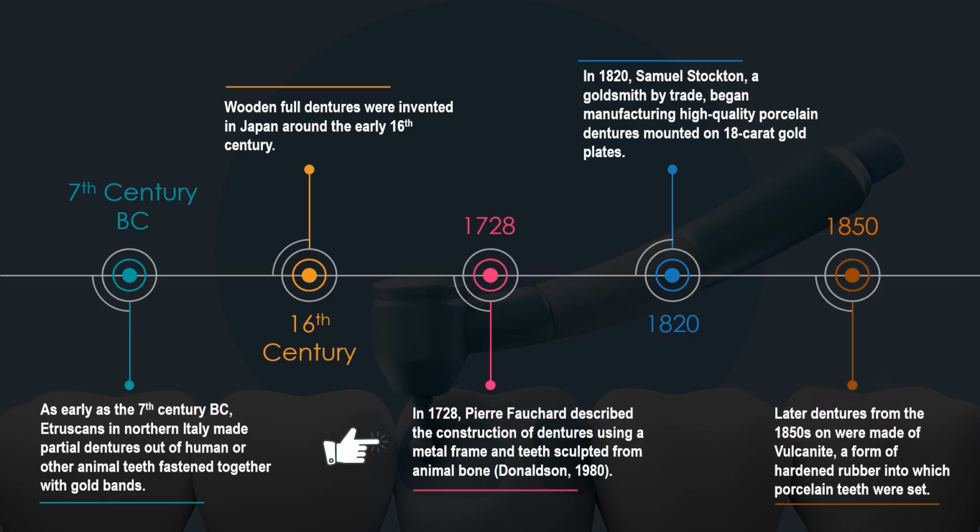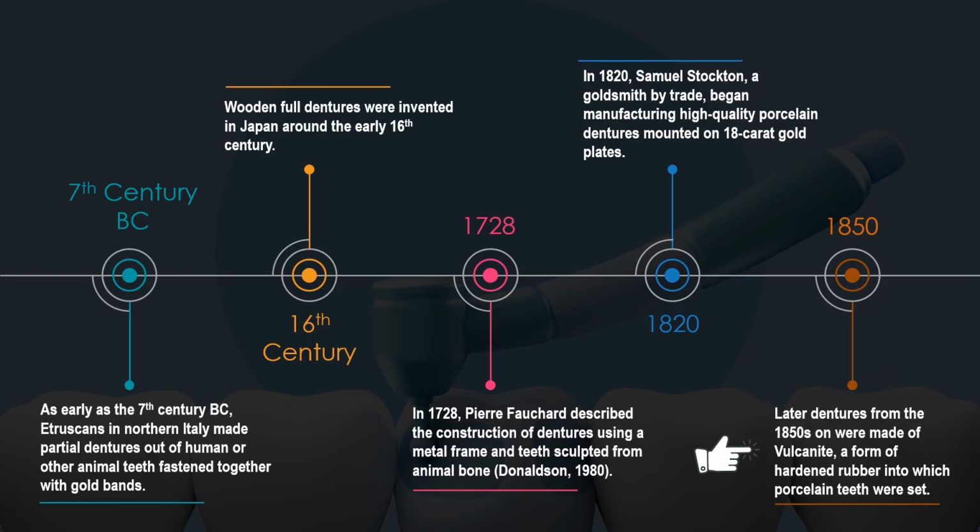In different places in the world, people have used animal bones for the fabrication of teeth. Similarly, there is a report that in 1820 people used 18 karat gold plates for making dentures, and then vulcanite, a form of hardened rubber, was also used for making these dentures.